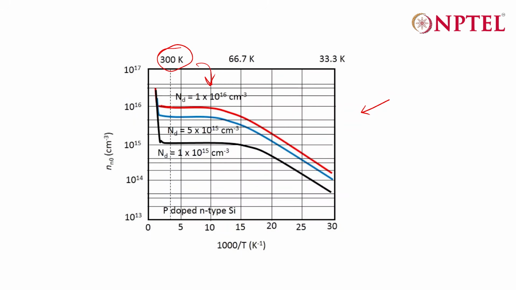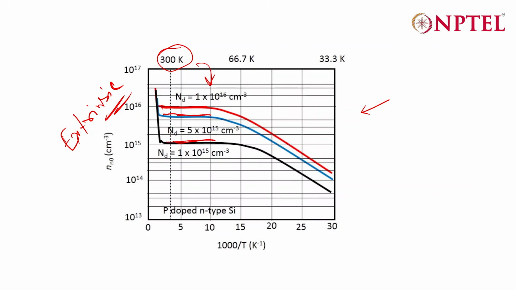You'll find for a range, in all the cases, there is a region where the majority carrier concentration is constant over the temperature. Okay, so this is the carrier concentration in extrinsic semiconductor.